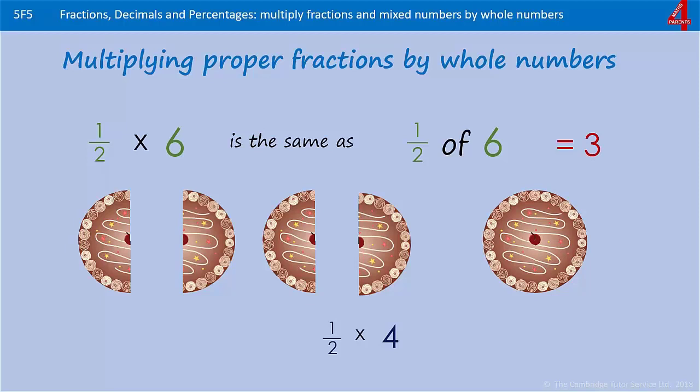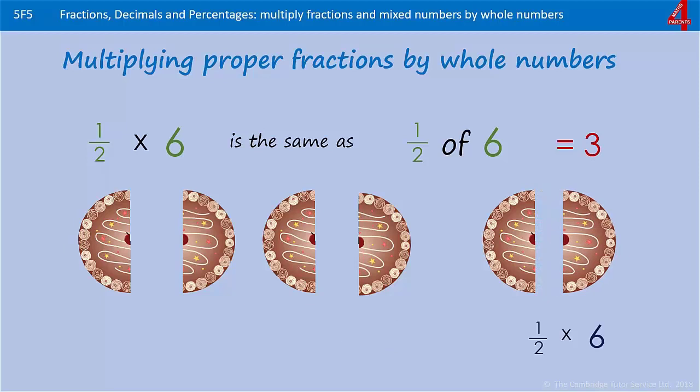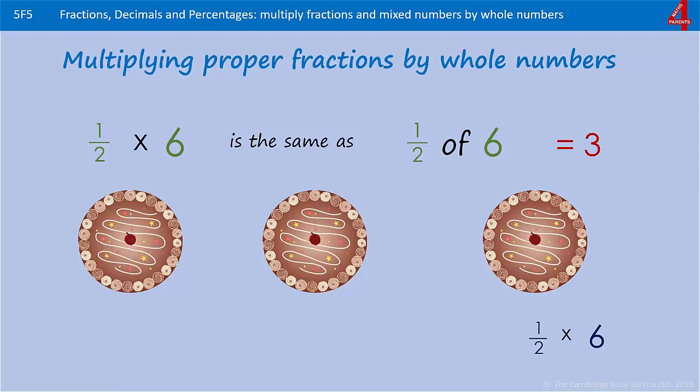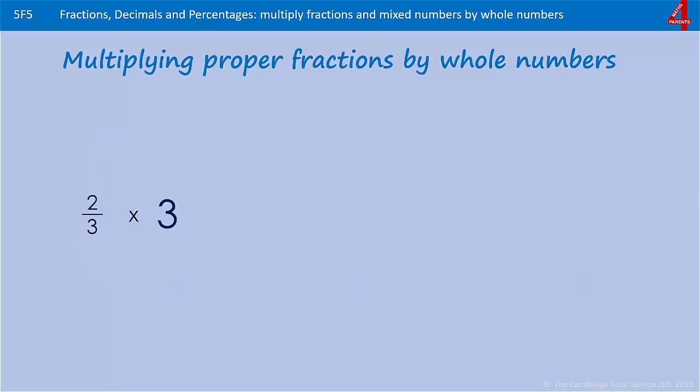We add another cake to make it 3 cakes, and we cut that cake in half. Now we have 6 halves altogether. 6 times a half, or a half times 6. A half of 6 is 3, which is how many cakes we have when we put all those halves together. A half times by 6 is 3.